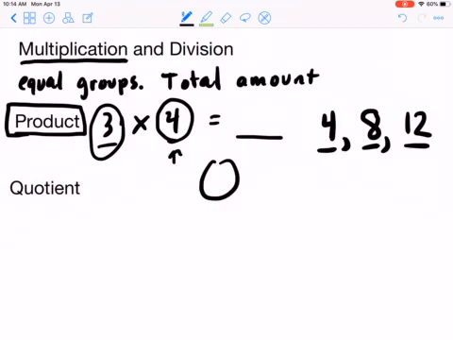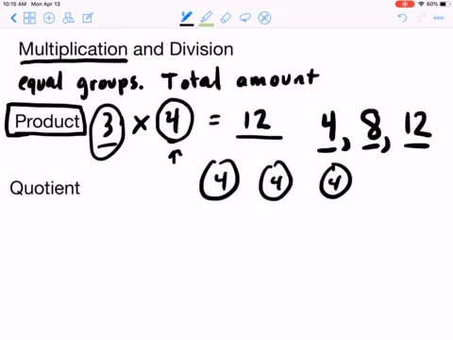If we drew a picture, this is what it would look like. We're just using counting principles here. So 3 times 4 equals 12. But I want to show you the skip counting strategy because it works nicely for both multiplication and division, and we just need to know how to apply the strategy to both operations.